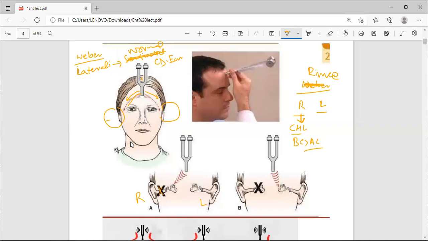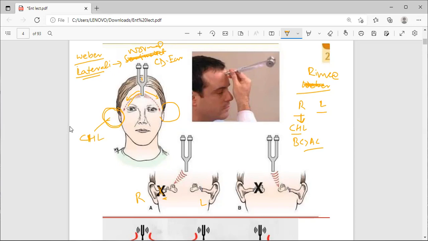Now the next thing you will do is perform the Weber test. You ask him where he perceives the sound greater in amount, so it means lateralization. Because he is having conductive hearing loss in the right ear, his sound will be perceived in greater amount where there is conductive hearing loss.